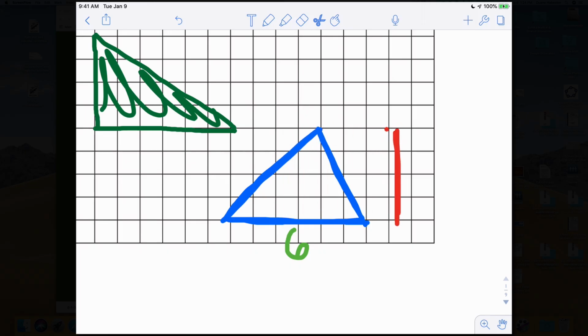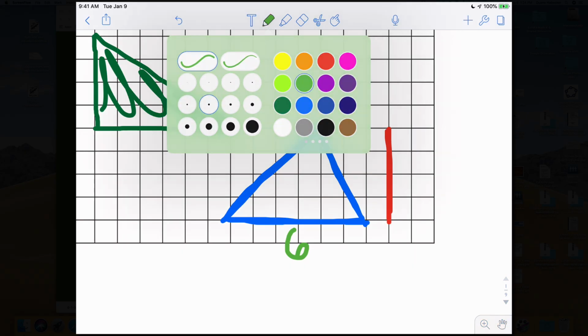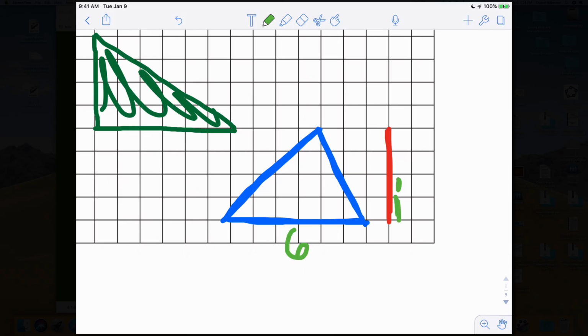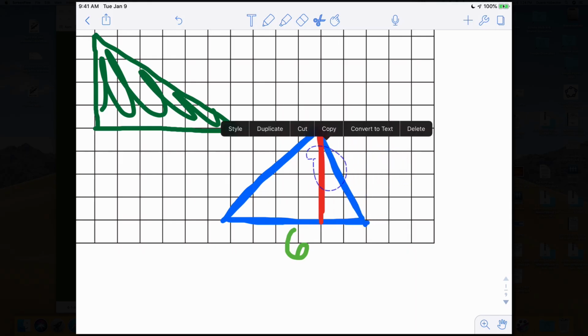And I don't need that little piece right there, so we can see that this line has a height of 4 because it's 1, 2, 3, 4. So this triangle has a height of 4.